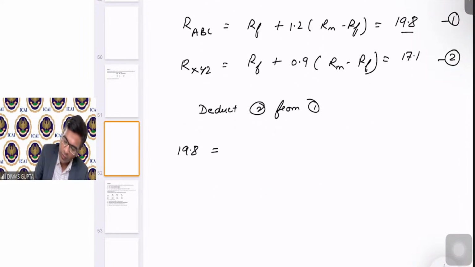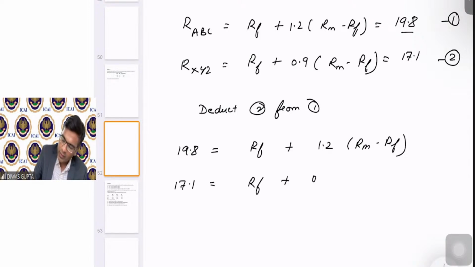19.8 is equal to RF plus 1.2 (RM minus RF). And here, 17.1 is equal to RF plus 0.9 (RM minus RF).